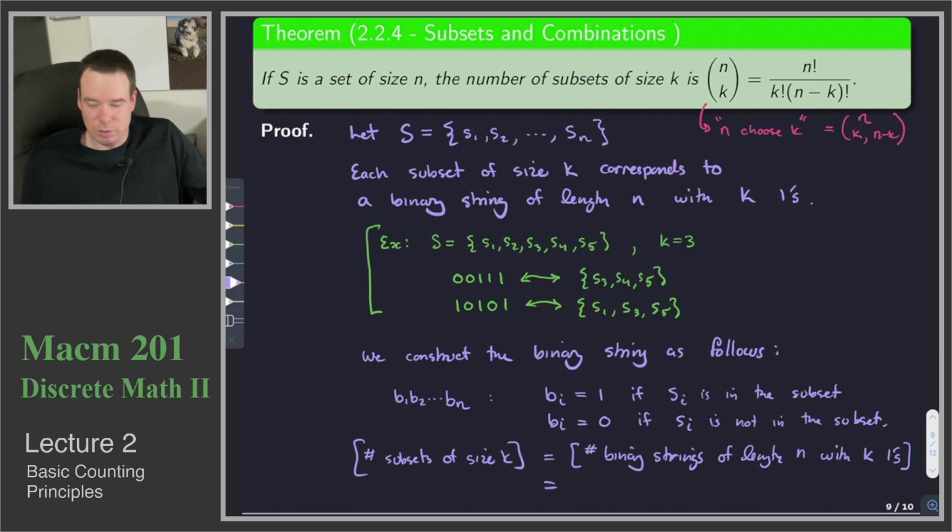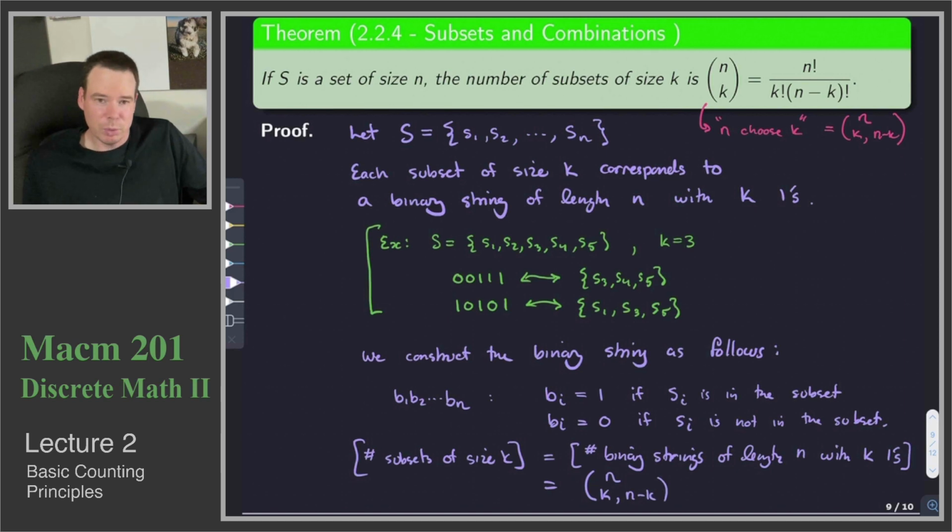And how many binary strings are there of length n with k ones? There's n choose k comma n minus k, because that's k ones and n minus k zeros.